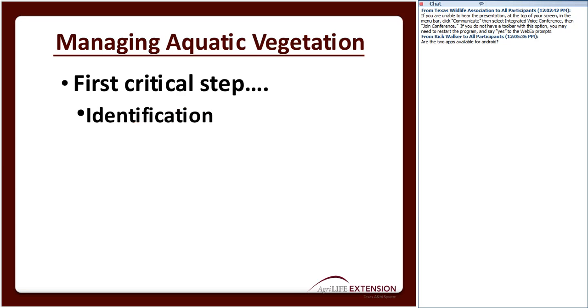If you don't identify what you're attempting to manage, you're going to have some real problems with the management itself. For example, there are only 14 aquatically approved herbicides, and there's not a single one that treats every species of aquatic vegetation.